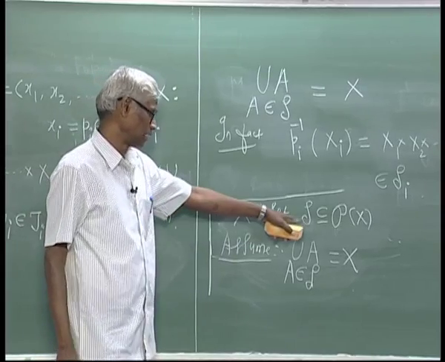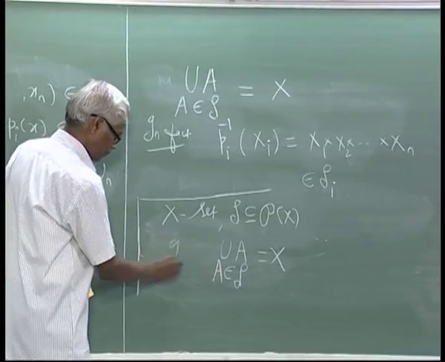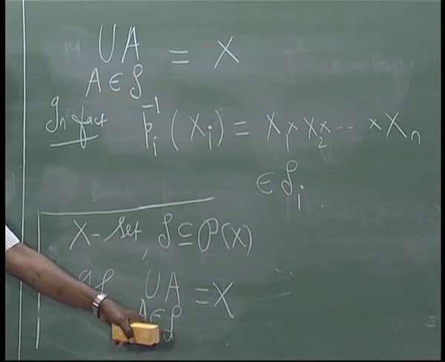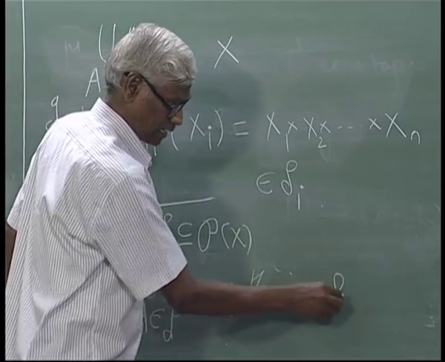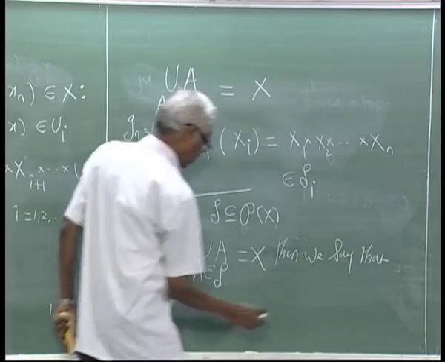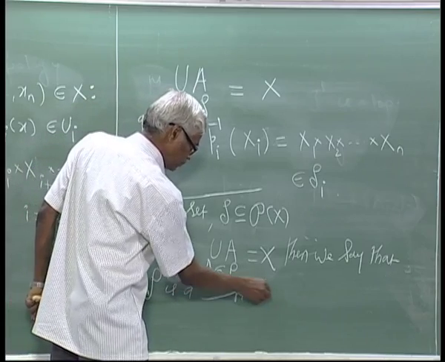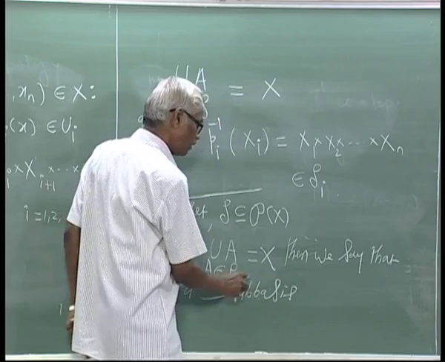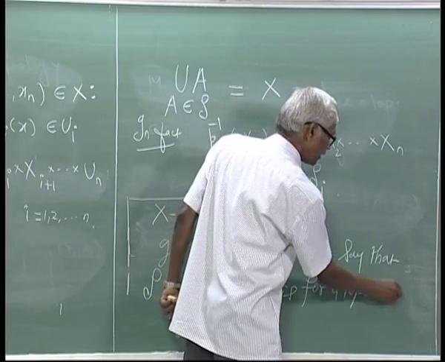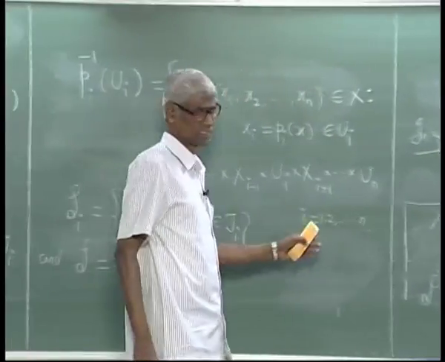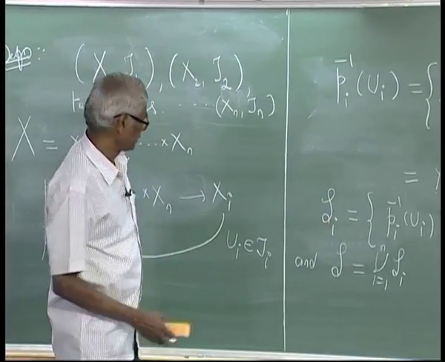Then we say that such a collection script S is a subbasis for a topology, I am writing, for a topology on X. That means from this subcollection we will generate a unique topology.